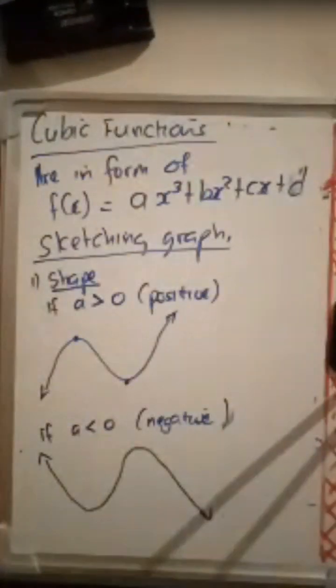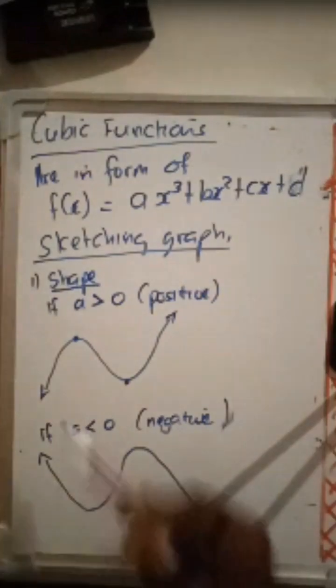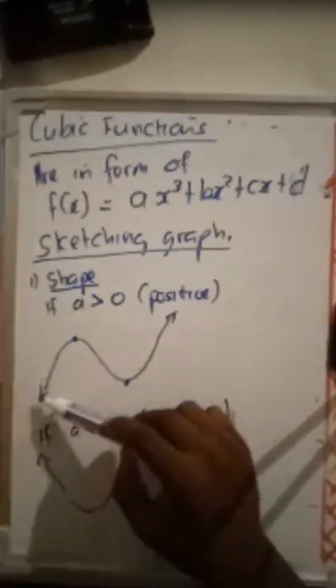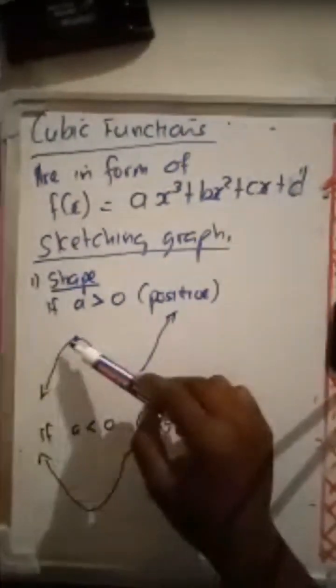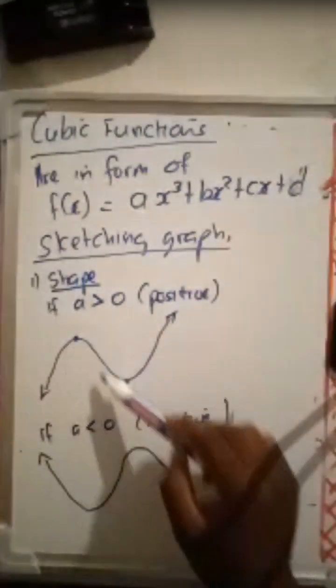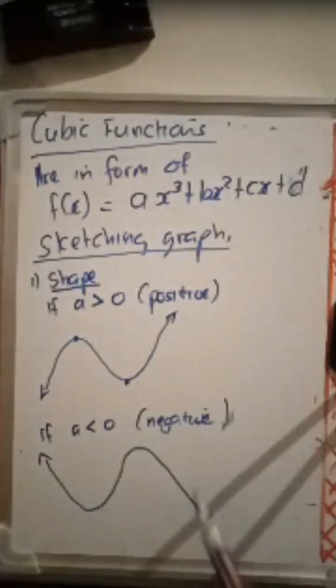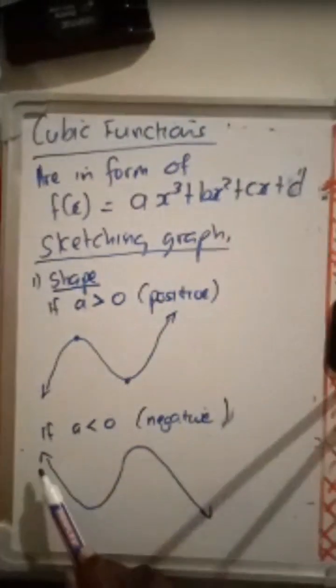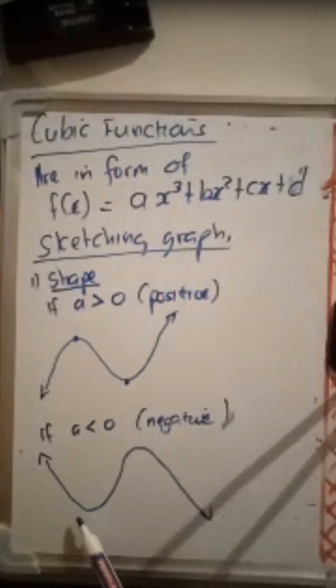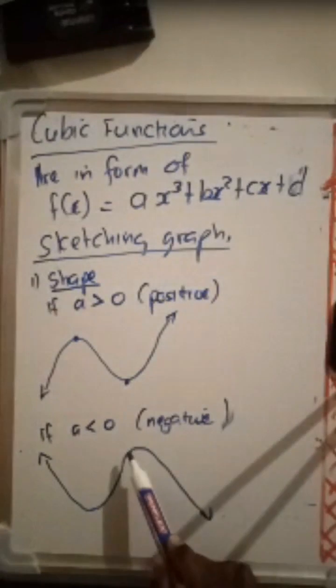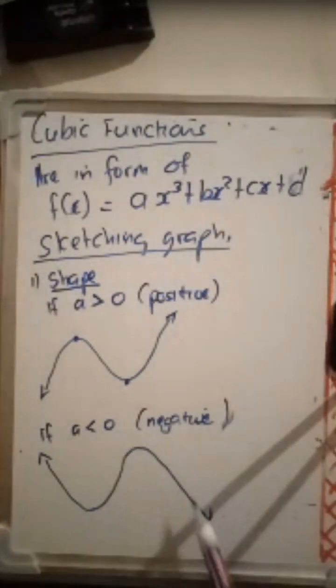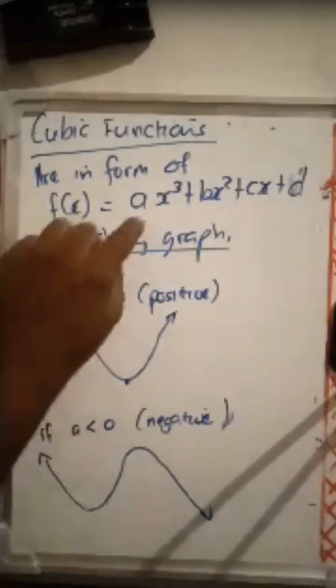If it is positive, the graph starts with a positive gradient, reaches a turning point, becomes negative, but ends with a positive gradient. If a is negative, the gradient starts as negative, then turns and becomes positive, then turns and ends as negative. So the shape of the graph is determined by a.